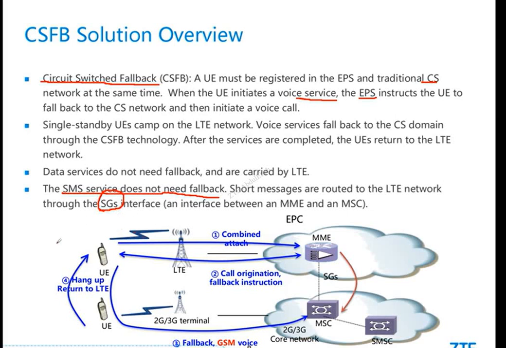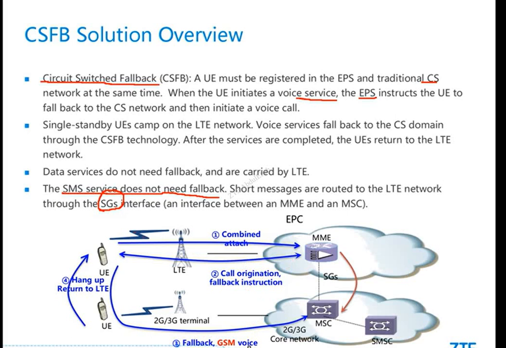Okay, we can see this CS fallback procedure. In total there are 4 steps: 1, 2, 3, and 4. The first step is the UE initiates a calling voice service. If the MME receives the calling voice service request, in the second step the MME will instruct the eNode B to redirect the UE back to the 2G and 3G network.